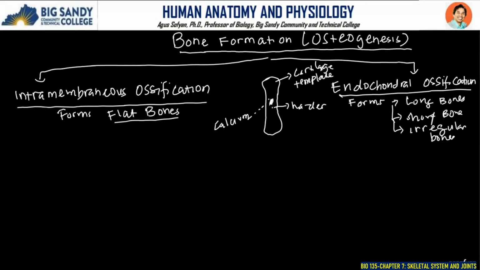Okay, so this harder part becomes the shaft later. And then calcium will also be deposited in the area between the epiphysis and metaphysis. This is going to be the secondary ossification center.